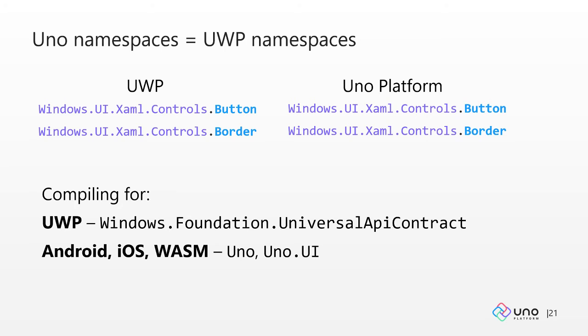And when you switch the runtime assembly against which the application is built from Windows Foundation Universal API contract on UWP to Android, iOS and WASM Uno platform DLLs, it will work just the same. You will not have to change any code. And instead of Windows controls and Windows APIs, Uno will provide those for you.